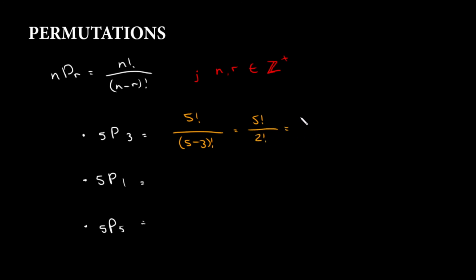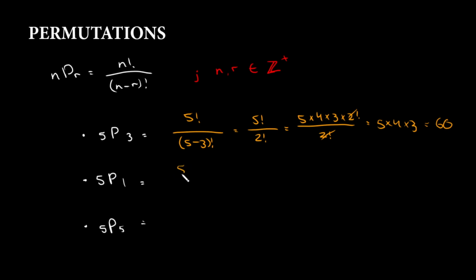And if we rewrite 5 factorial as 5 times 4 times 3 times 2 factorial, then we can cancel these, and therefore the answer would be 5 times 4 times 3, which is 20 times 3, and it's 60.